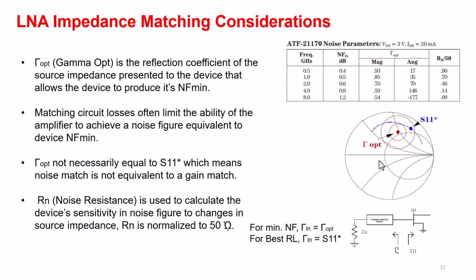Well, when you're designing LNA, the input side of the LNA has to be matched to the optimum noise point, which often is referred as gamma optimum. Now, at this impedance, your amplifier will produce the minimum noise, and in almost all cases, this impedance will be different than your complex conjugate matching.